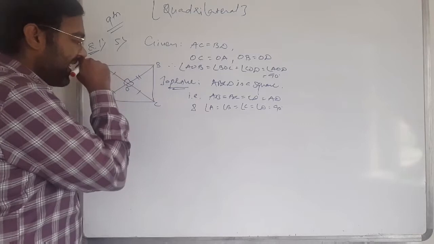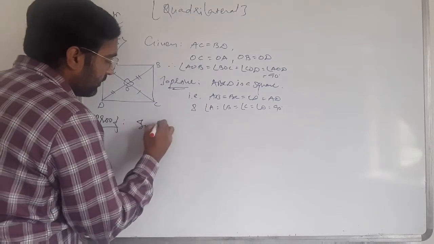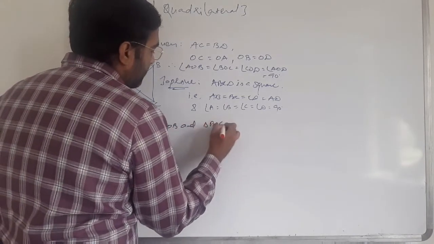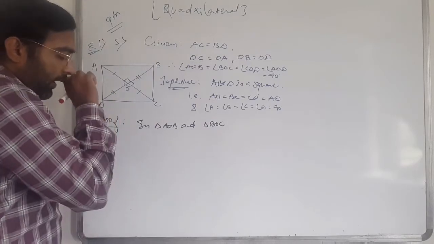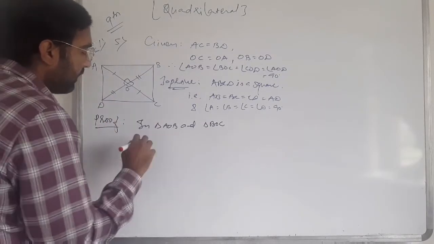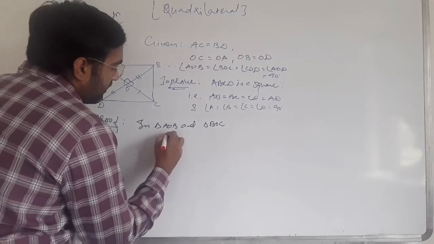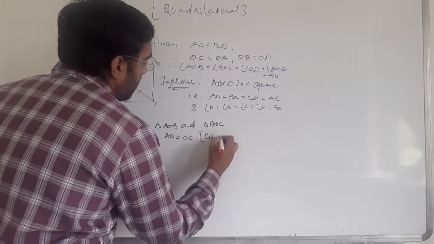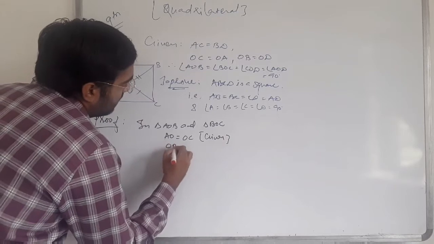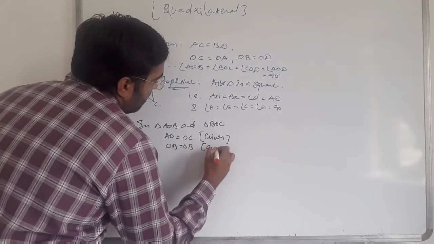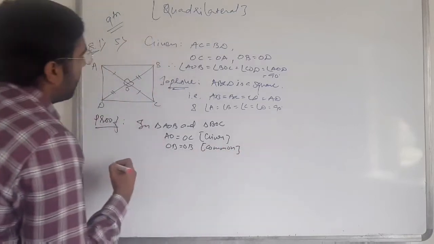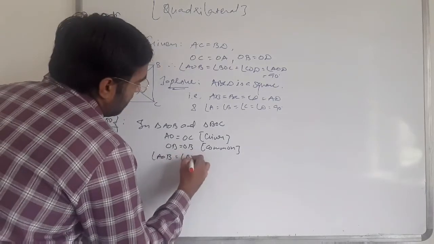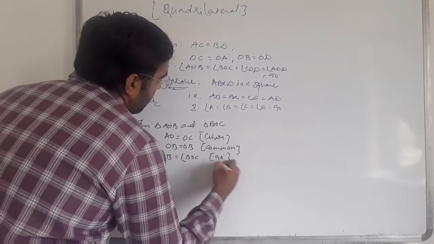So in triangle AOB and triangle BOC, AO equals OC, which is given, OB is common, and angle AOB equals angle BOC, both 90 degrees.